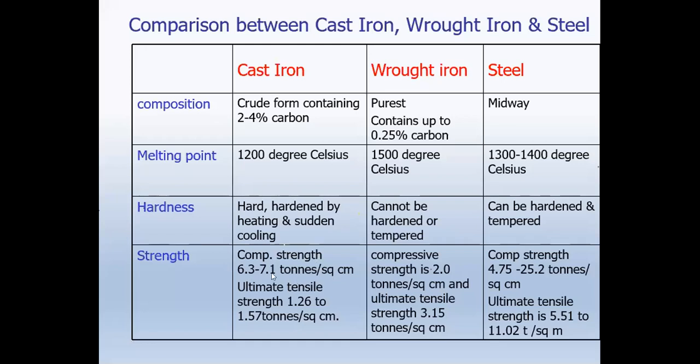It can withstand stresses up to 7.1 tons for each square centimeter. But for this one, the compressive stress ranges between 4.75 up to 25.2 tons per square centimeter. And the ultimate tensile strength, so this is the compression strength, and this one is the tension strength, ranges between 5.51 up to 11.02 tons per square centimeter.